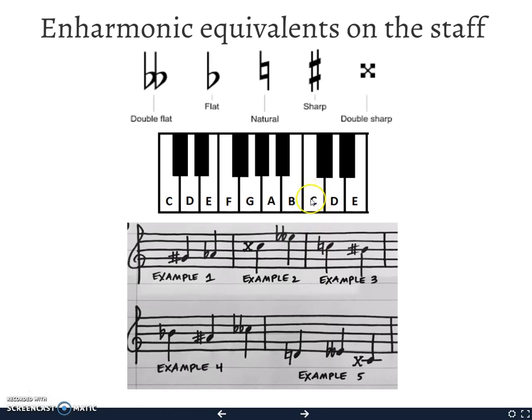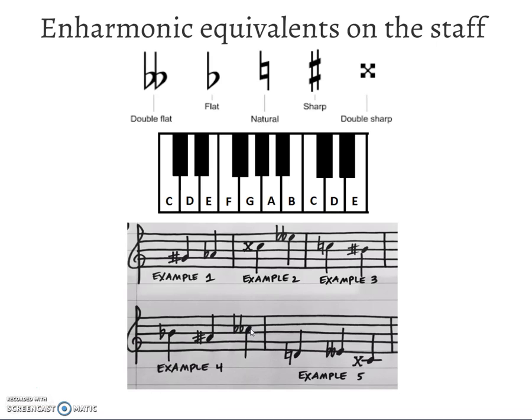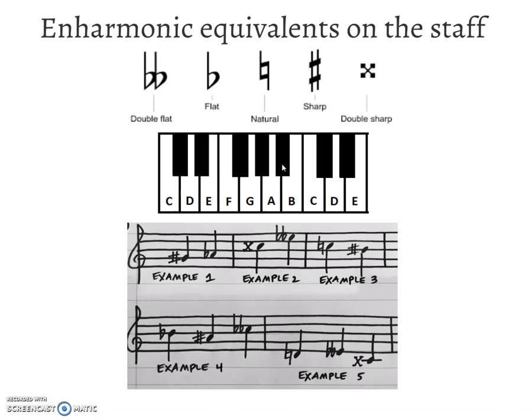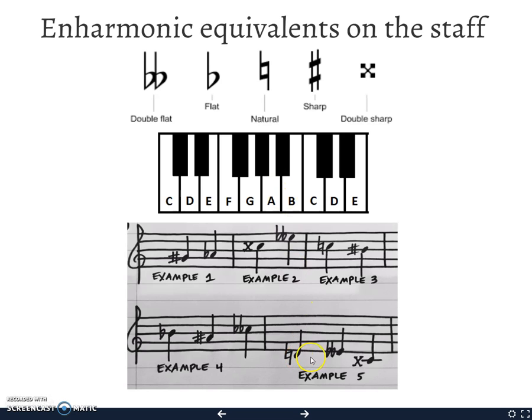So they are enharmonic equivalents. Example 4, you have B flat, A sharp, and C double flat. They are also enharmonic equivalents. They are all this key on the keyboard. And example 5, you have D natural, E double flat, C double sharp. They are all this key as well. So in all of these examples, the notes in each measure are enharmonic equivalents.